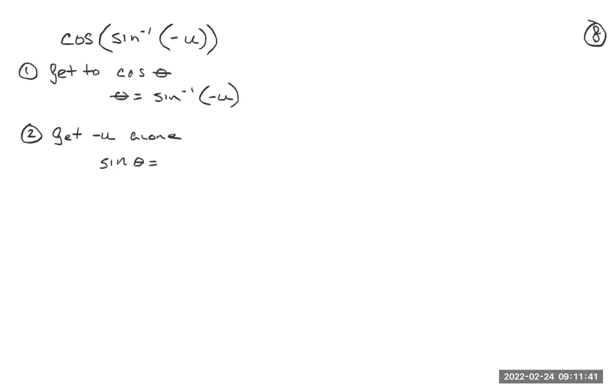Sine of theta is equal to the sine of the arc sine of negative u. Now sine is y over r, right? Negative u over positive 1, because r is always positive, right?